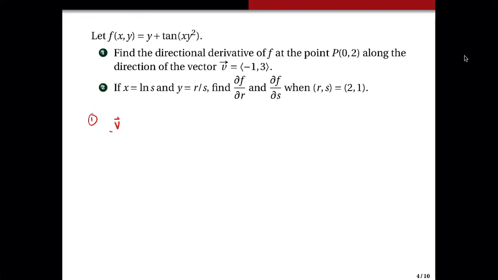You have the vector v divided by the norm of v. So this is equal to (-1, 3) divided by square root of (-1) squared plus 3 squared. So (-1) squared plus 3 squared is 10, so we have square root of 10. So this is (-1 over square root of 10, 3 over square root of 10).